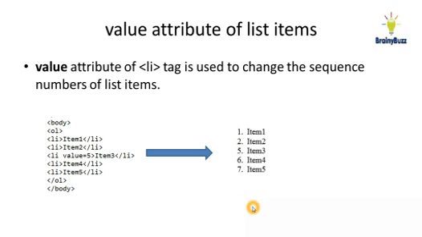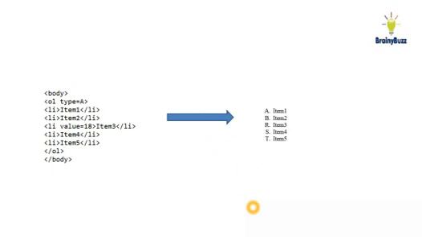The same case you have seen with ABCD: if you want to start a particular item from another alphabet, like after A and B you want to start from the 18th alphabet, that is R, S and T. You cannot break them in between, like displaying A, B, R and then C, D. If you change a value over here, it will take that as the start value and continue your subsequent items from there. So I think you now know how to write the ordered list.